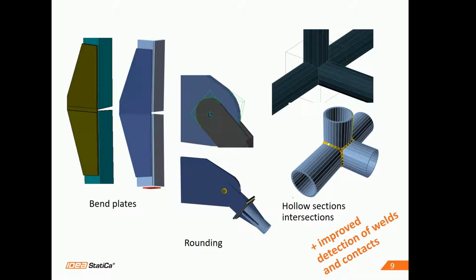We improved intersections and welding of hollow sections, circular hollow sections, square hollow sections, and so on. New things were improved, like detection of the welds and contacts between entities which are not bolted together.